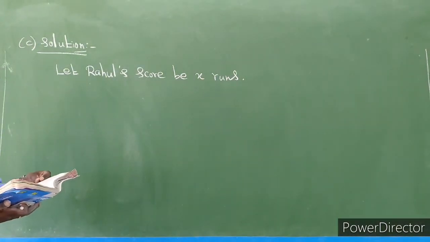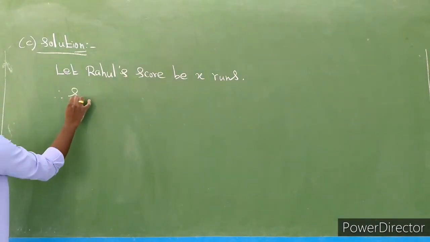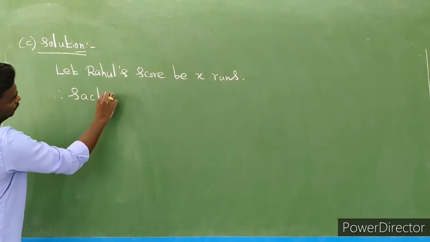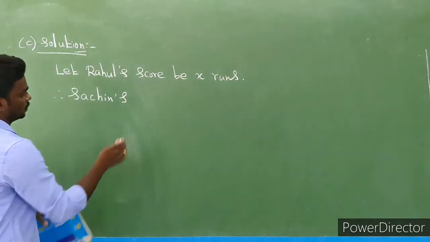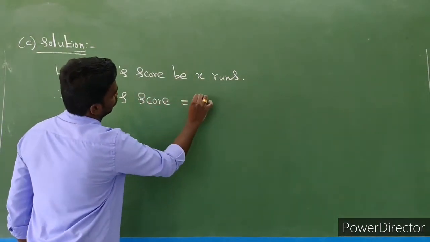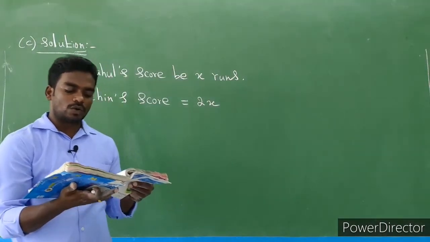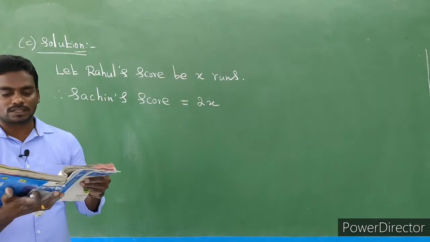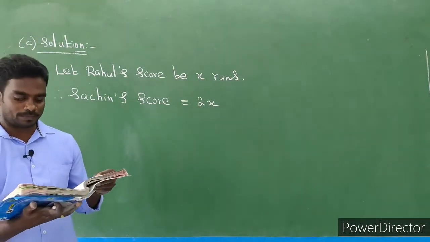Sachin scored twice as many runs as Rahul. Therefore, Sachin's score is equal to 2x. So this is our condition. Rahul's score is x, which means Sachin's runs are 2x.